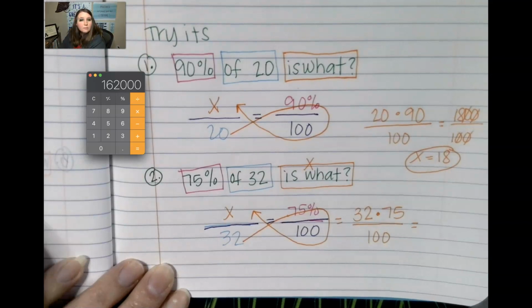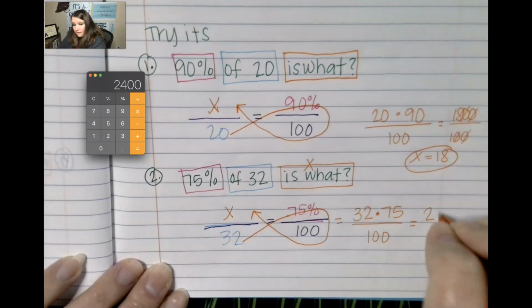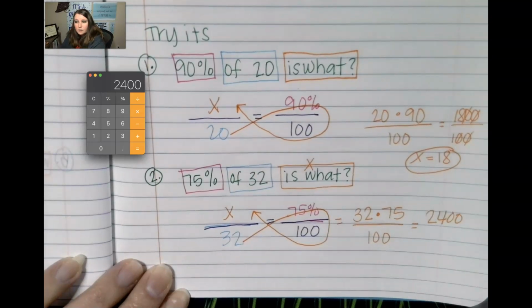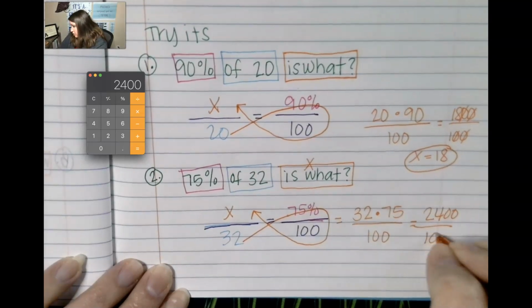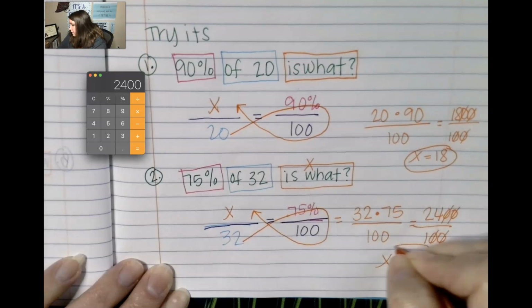So 32 times 75. I don't know what I did with my calculator before. It's 2,400. All right, divided by 100. Cross, cross, cross. X equals 24.